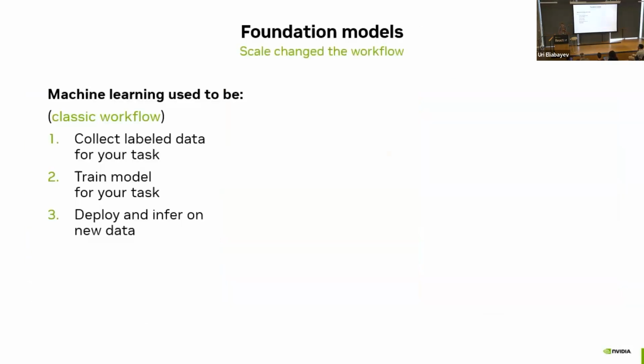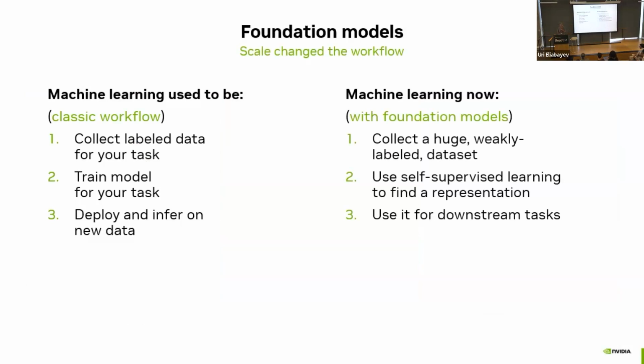So first, I want to highlight that this is all based on foundation models like there is in text, right? If you think about the classical machine learning workflow, you have your data, you collect and label your data, then you train your model on your data, and then you deploy and infer on your data. In diffusion models, this is very different. You collect a huge data set in a way that is task agnostic.